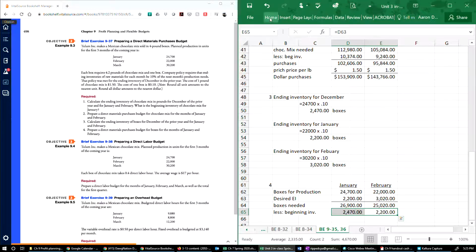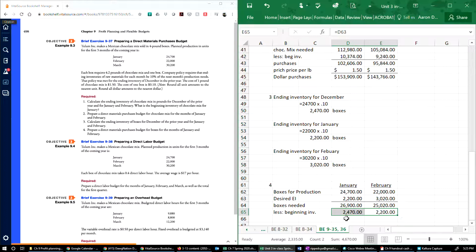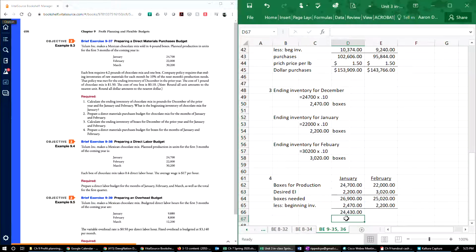All right. And so we'll back that out. These are the boxes that need to be purchased.